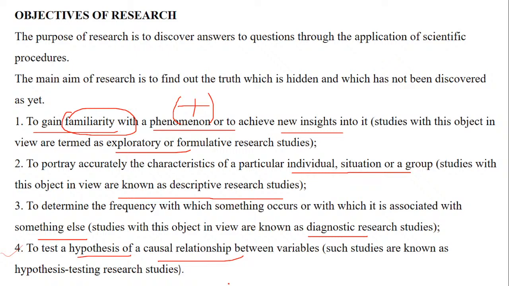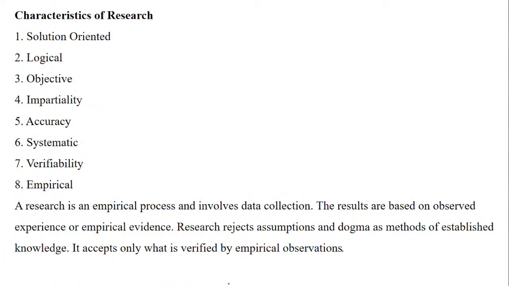So now, coming to the characteristics of research. Now see, these characteristics look like normal points over here, but these characteristics are also twisted in a smart way so that students should definitely have a doubt. So you should be very well aware of what the characteristics of research are. The characteristics of research is solution oriented.